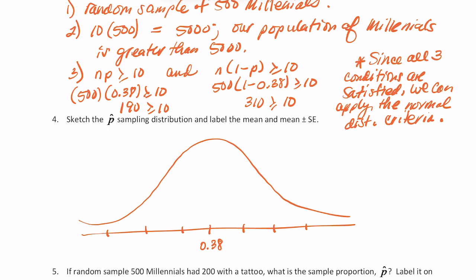So let's write this down here. We've got our normal model with our mean is 0.38, and the standard error was 0.0217.